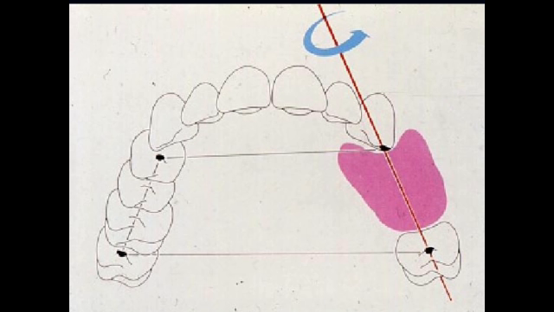The red line is an imaginary line which joins the principal rests, around which, as shown by the direction of the blue arrow, the rotation of the removable partial denture happens. So a fulcrum is an imaginary line which connects two principal rests, around which the rotation of the removable partial denture happens.